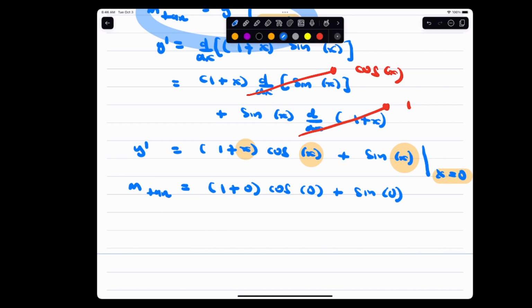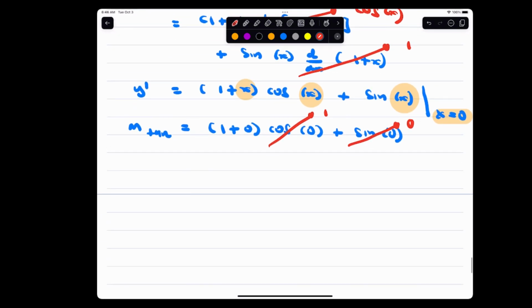So we do have to know what these things are. Cosine 0 is 1. What's sine 0? 0. Okay, so in this case, m tangent is 1 plus 0 times 1, and I think it's safe to say m tangent would be 1. Okay?